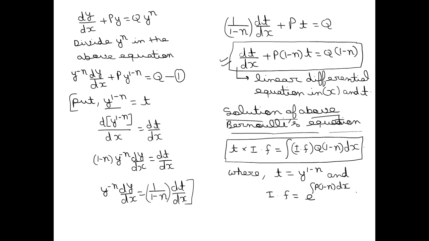So this is our integrating factor. I think the solution of this Bernoulli's equation is clear to all. If you have any doubt about the solution, you may ask or comment.